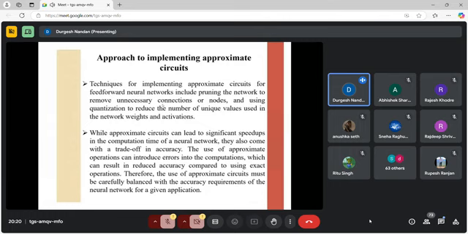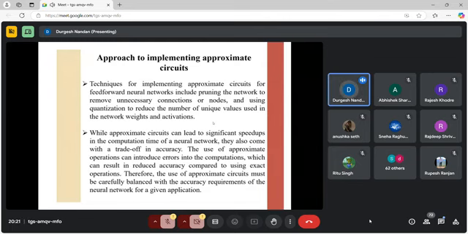There are other techniques for implementing approximate circuits for feed forward neural networks, including pruning the network to remove unnecessary connections or nodes, and using quantization to reduce the number of unique values used in network weights and activations. Approximate circuits can lead to significant speed up in the computational times of neural networks.